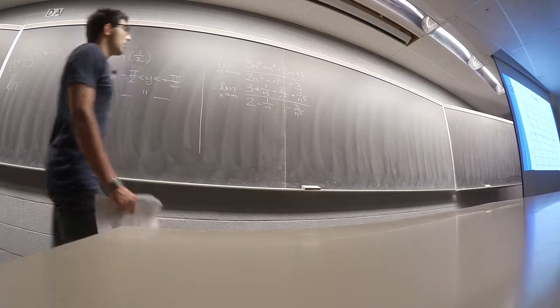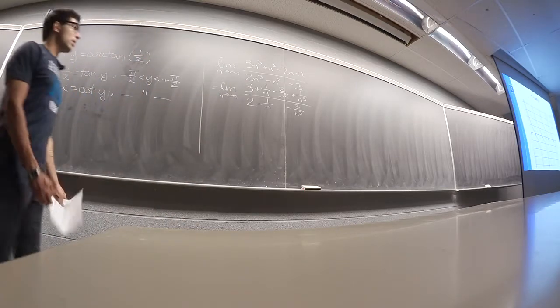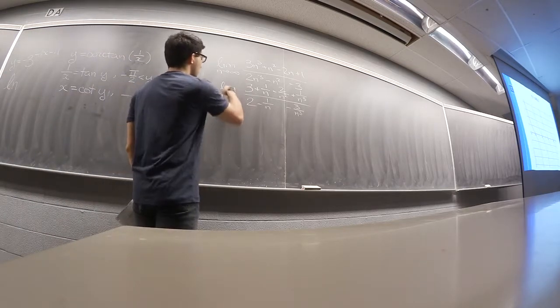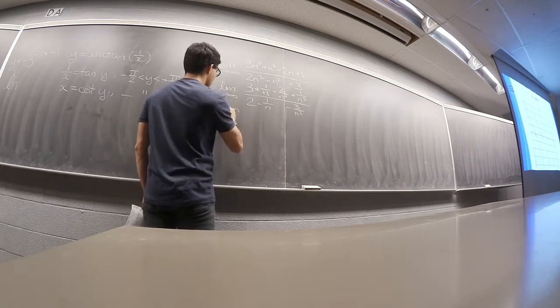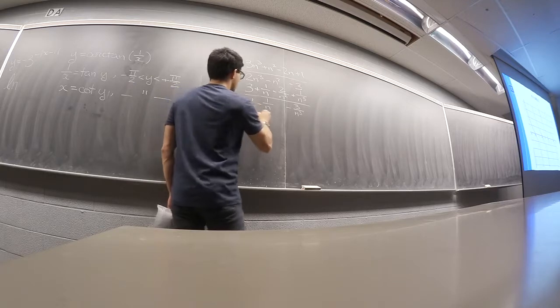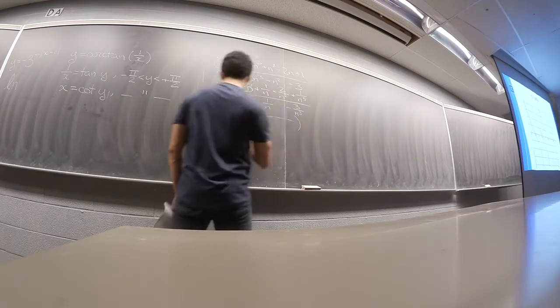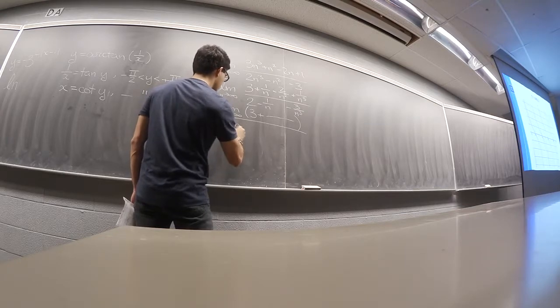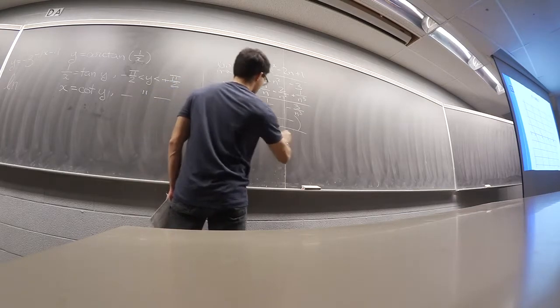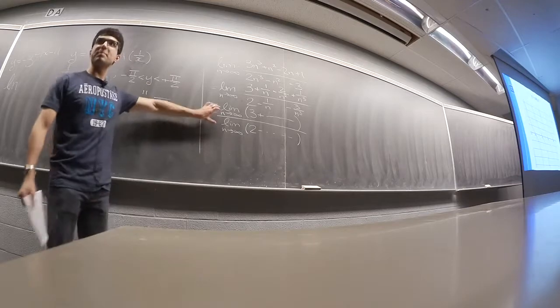The way you'd address this properly, using the limit laws, is you'd say, okay, the limit of a quotient is the quotient of the limits, so you'd write the limit of 3 plus all that stuff up top, over the limit as n goes to infinity of 2 minus all that stuff on the bottom. This is about to get very, very painful.